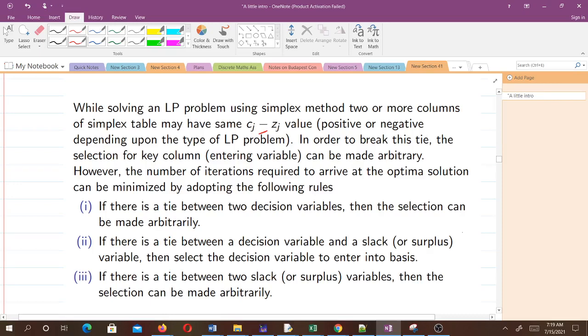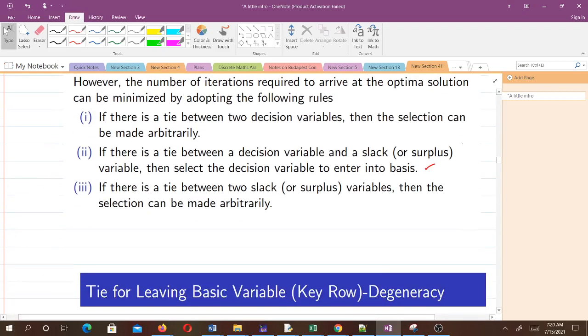But if there is a tie between a decision variable and a slack or surplus variable, then select the decision variable to enter. This is self-explanatory. And if there is a tie between two slack or surplus variables, then the selection can be made arbitrarily. These are the rules to guide you when there is a tie for the entering basic variable.